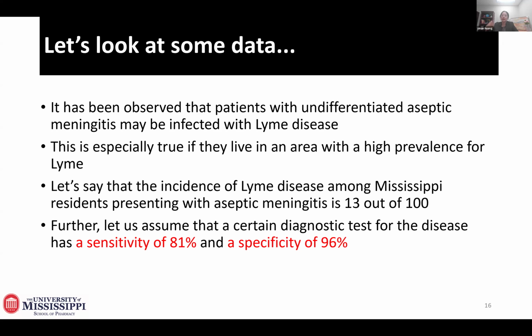Patients with aseptic meningitis may be infected with Lyme disease, and this is especially true if they live in an area with high prevalence of Lyme disease. Let's say the incidence of Lyme disease among Mississippians presenting with aseptic meningitis is 19 out of 100.